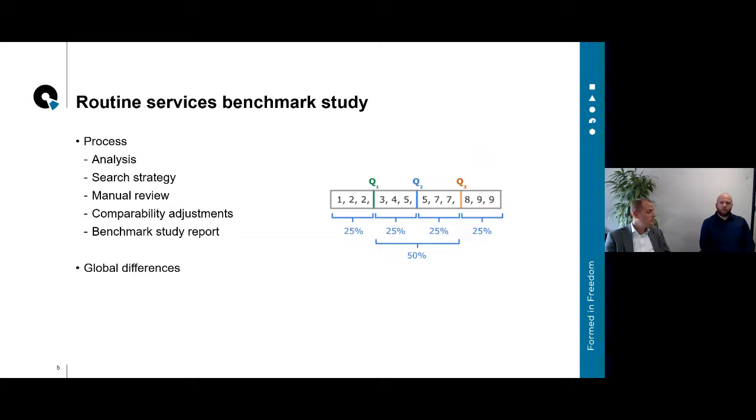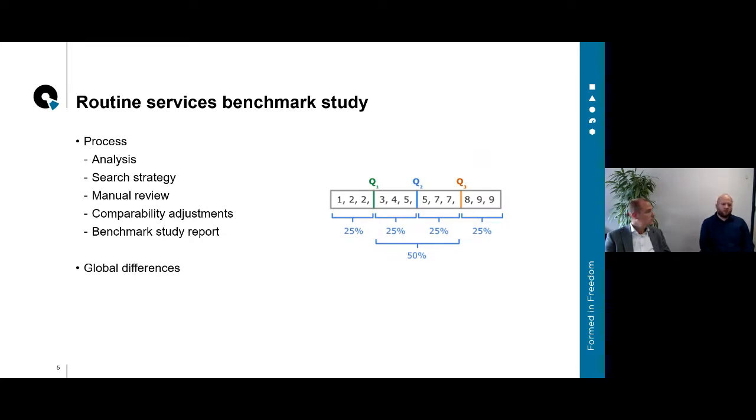There are a couple of important global differences between benchmark studies. For example, in Europe, we look for independent company data, and there is a lot of independent company data available. While in, for example, Asia or the Americas, there is less independent company data available, and we see that tax authorities in those regions prefer benchmark studies based on listed companies.